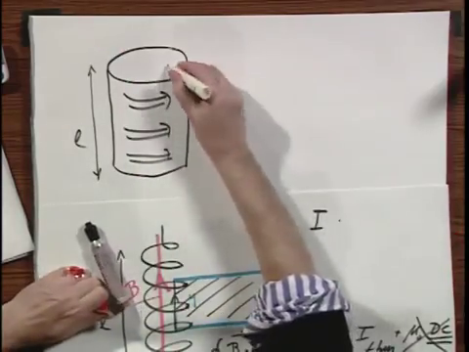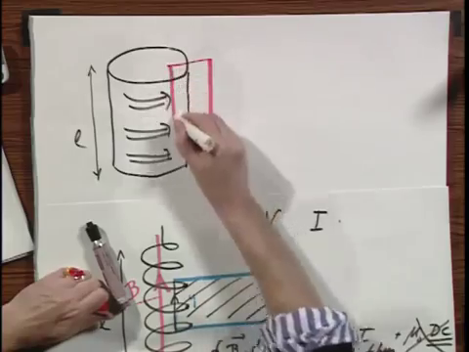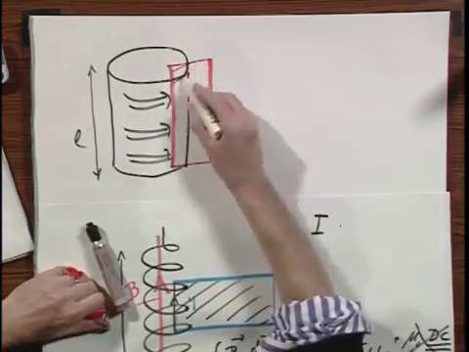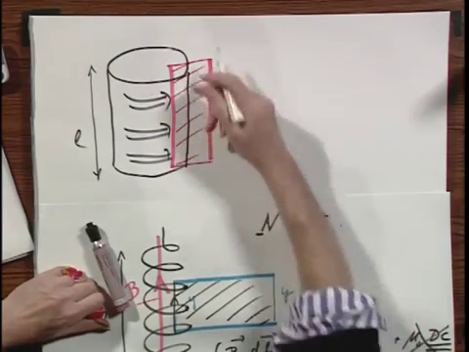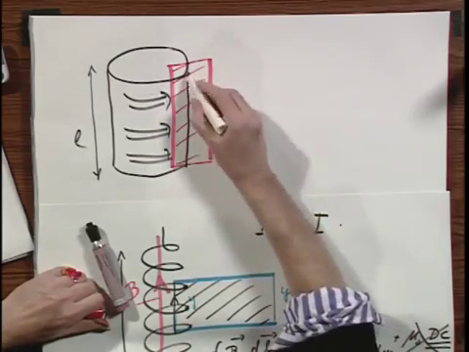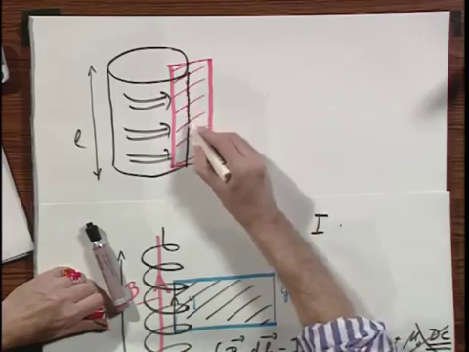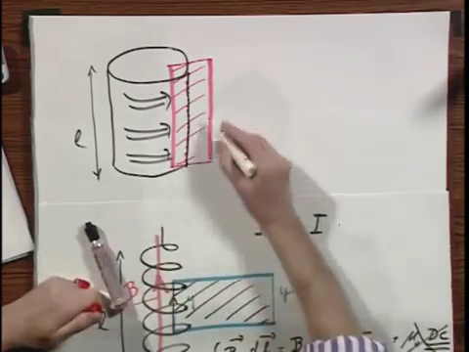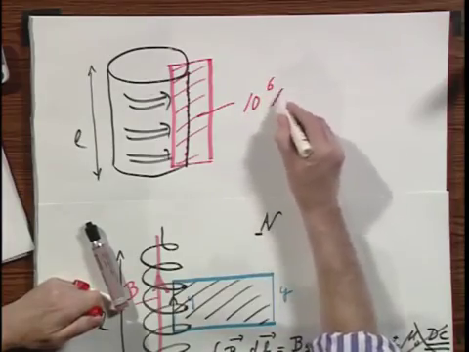And suppose I took a knife and I cut through here. Well, I really don't want to cut, but I want to have a surface here that cuts through all these currents that go through here N times. What then is the total current that goes through that sheet? Well, that of course is 10 to the 6 amperes.